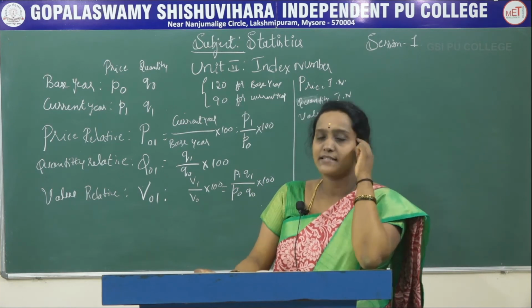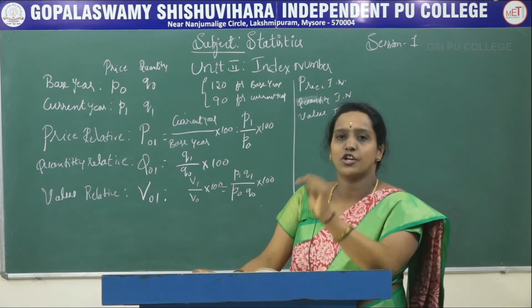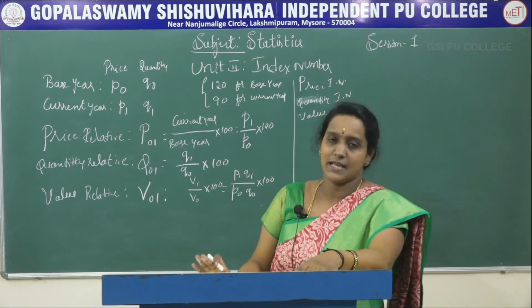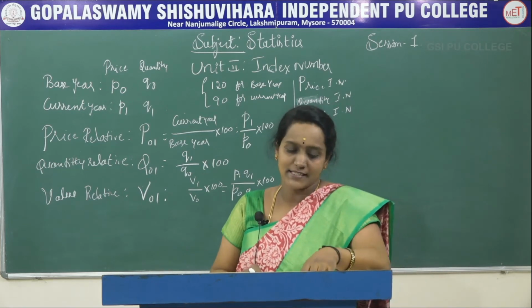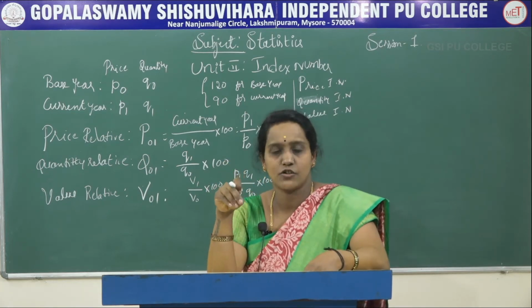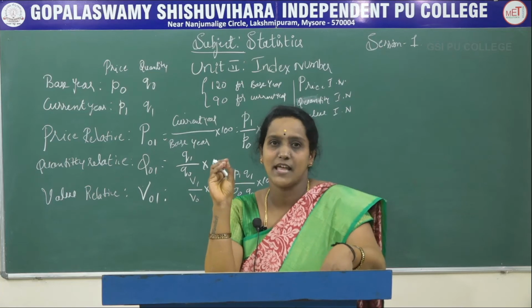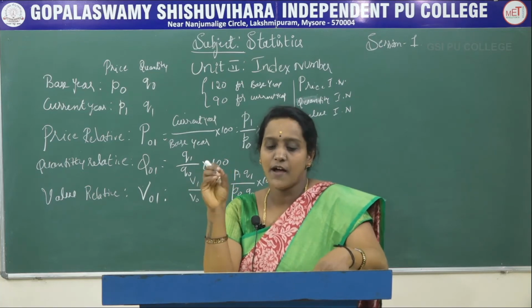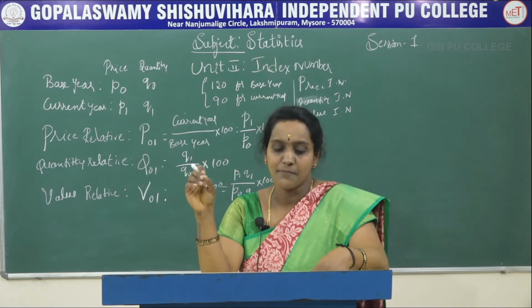Okay, and the next thing is steps in construction of index number. We should remember a few points in the construction of index numbers, and the first thing is purpose, defining the purpose of the index number.